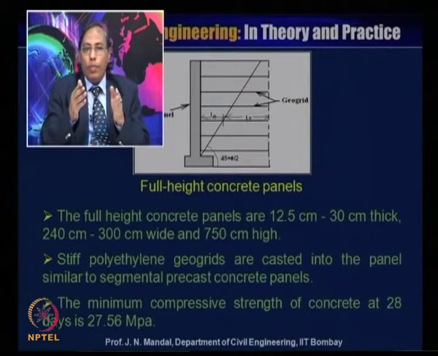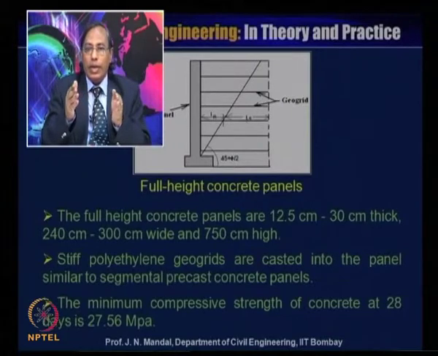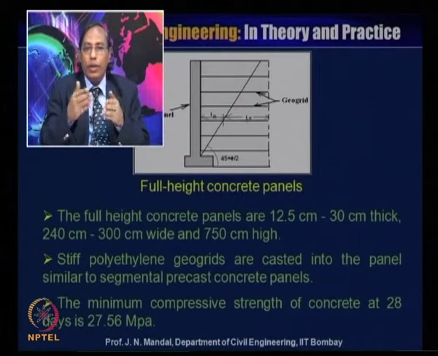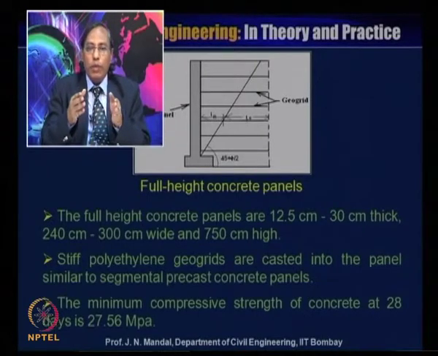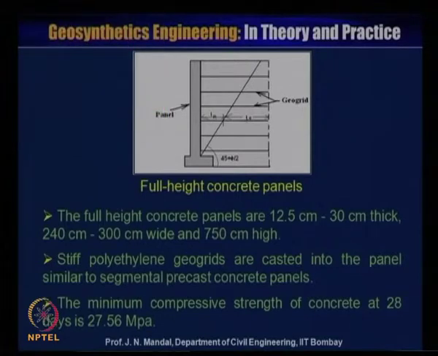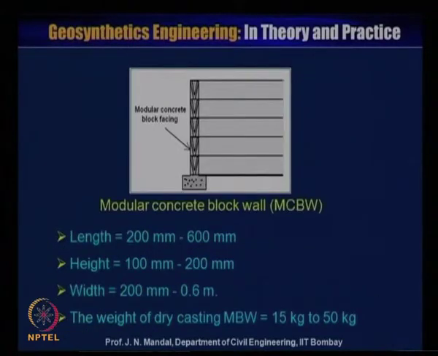Steel polyethylene geogrid is cast into the panel similar to the segmental precast concrete panel, and the minimum compressive strength of the concrete at 28 days is 27.56 MPa. So you should maintain this strength.